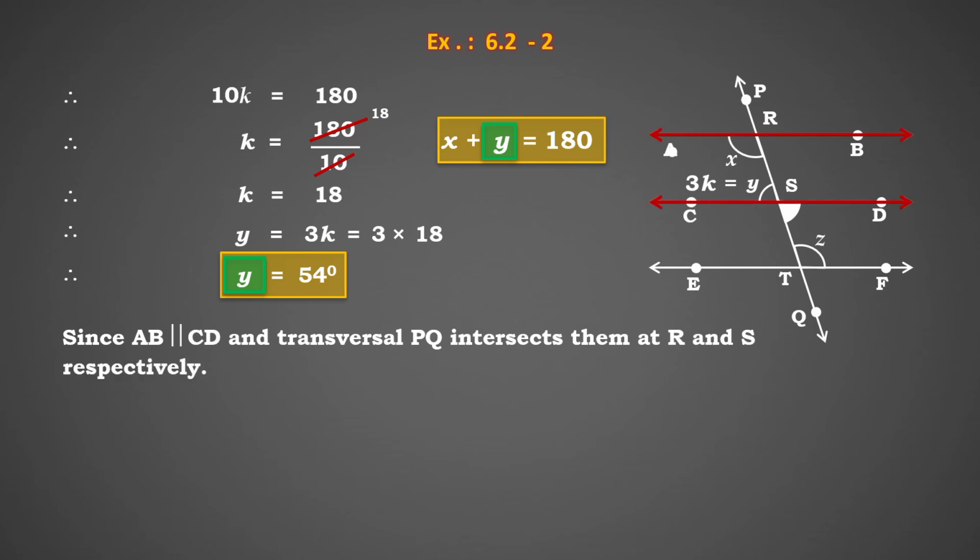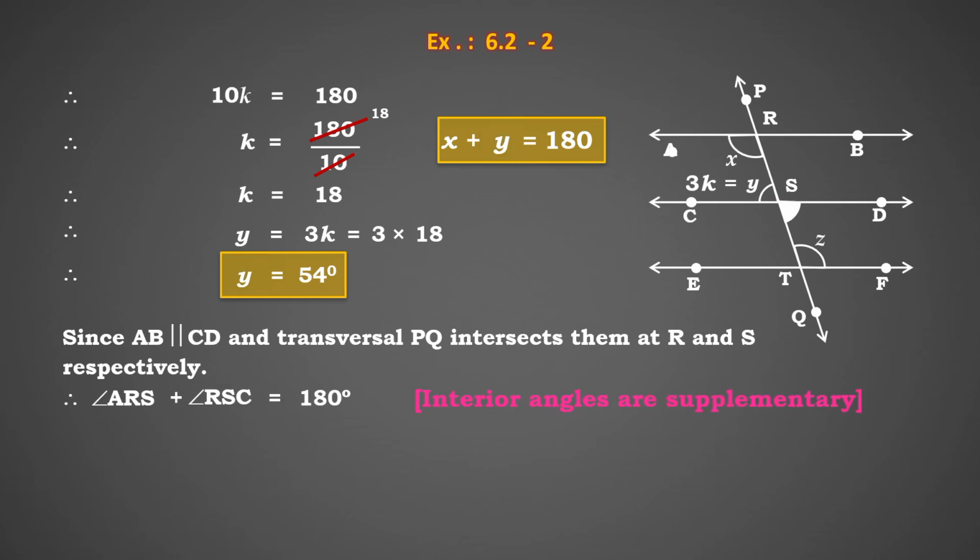Since AB is parallel to CD and transversal PQ intersects them at R and S respectively, angle ARS plus angle RSC equal to 180 degrees because interior angles are supplementary.